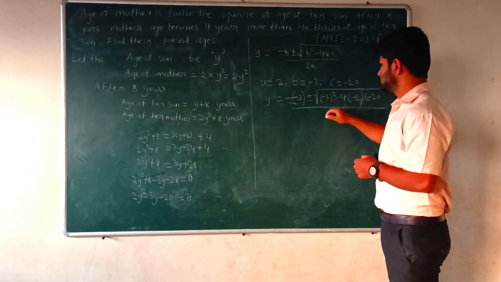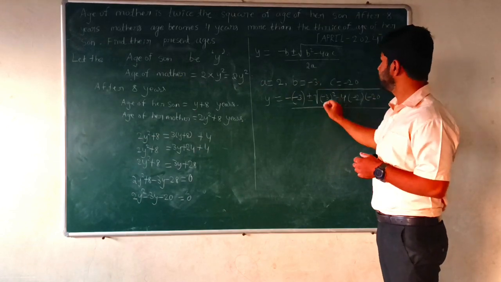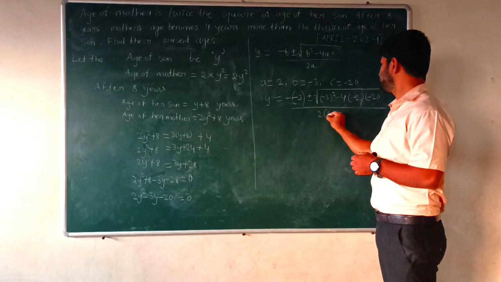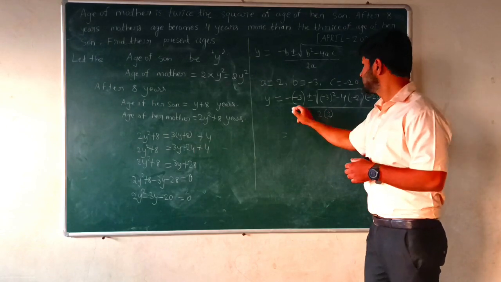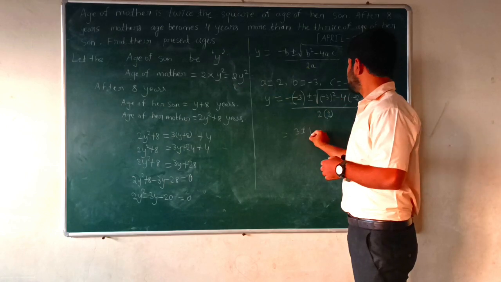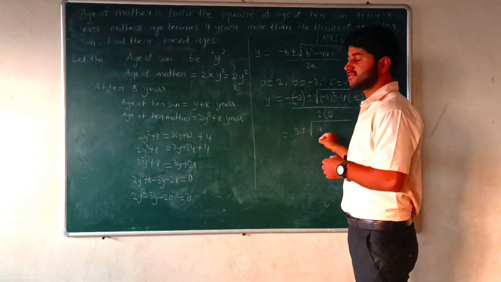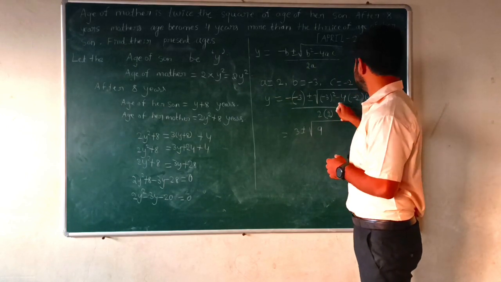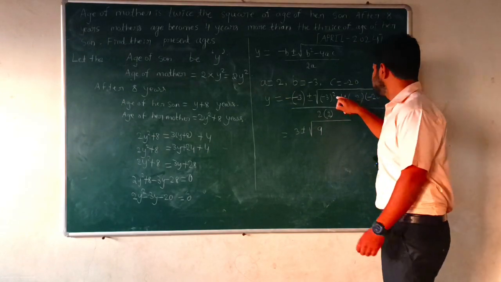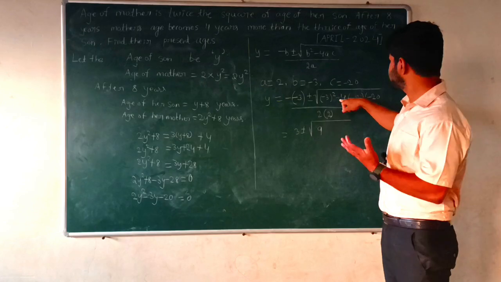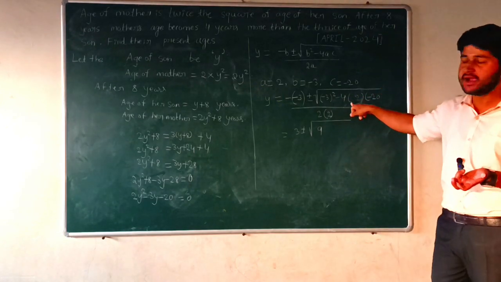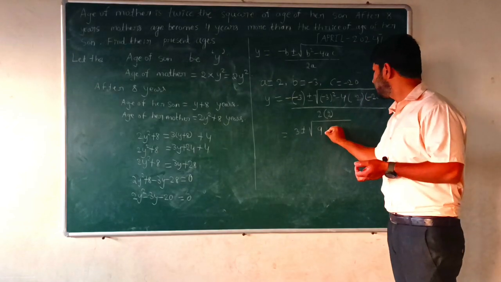Okay, and you can observe in the denominator it is 2a here. So 2 times, what is the value of a here? It is 2. So this is minus of minus 3, that becomes plus 3, plus or minus the square root of 3 squared, which is 9, and here you can observe that there are two negative signs here, so minus, and also this bracket means that we have to multiply, and minus times minus is plus.